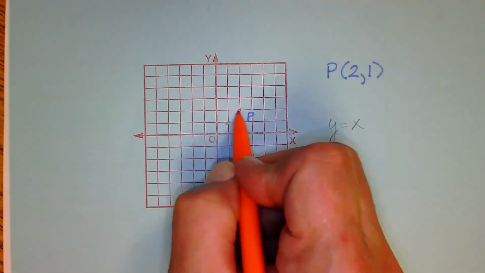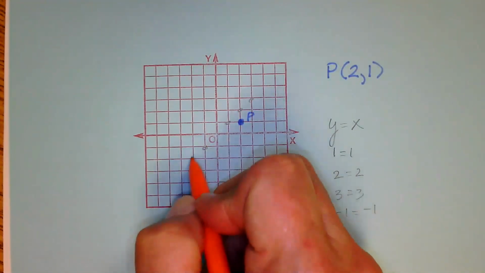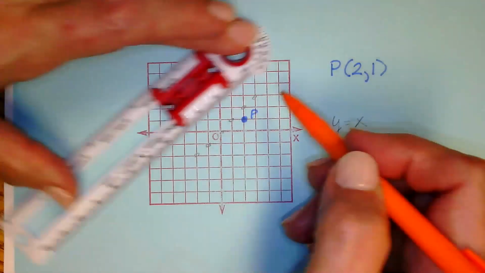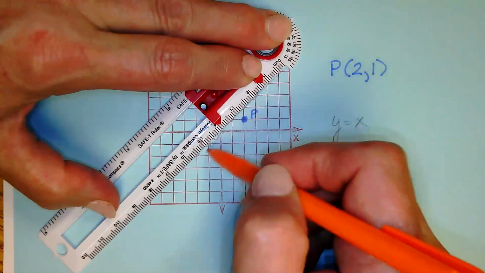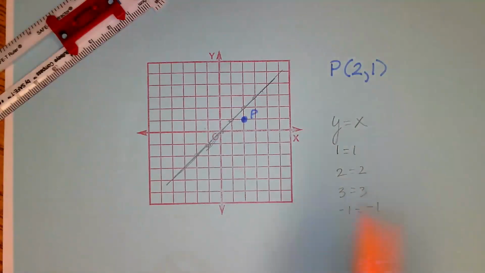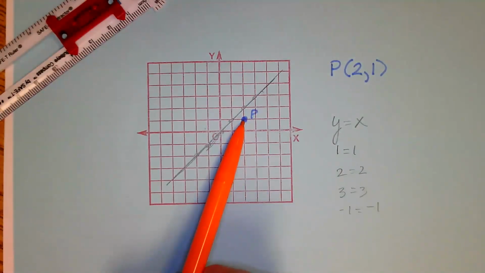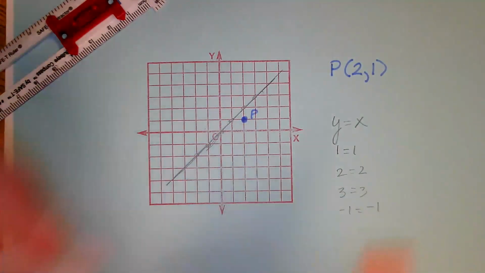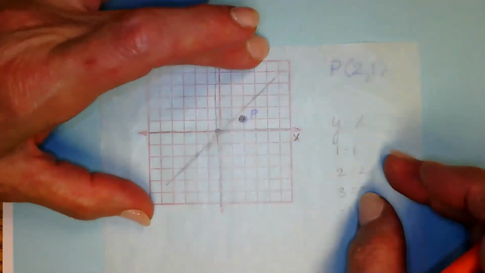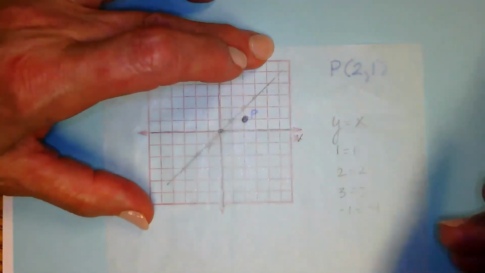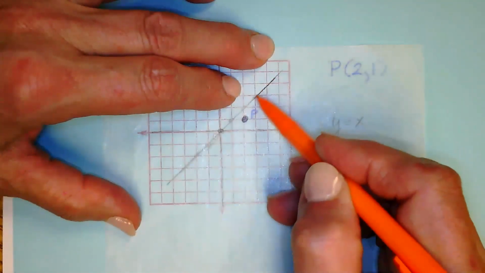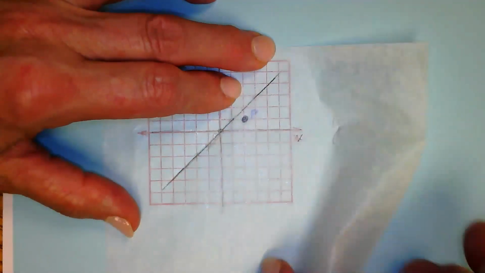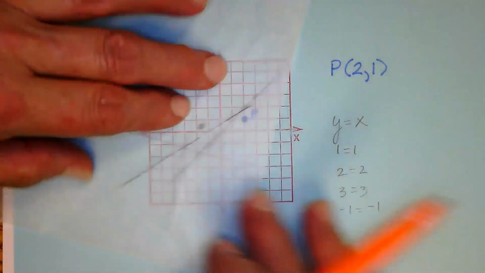It's the diagonal, right? I want to flip P across the diagonal. That's a little harder to visualize, so we'll just give it a shot here. I am going to attempt to sketch there. Here's my Y equals X line, and I want to fold it across that line.